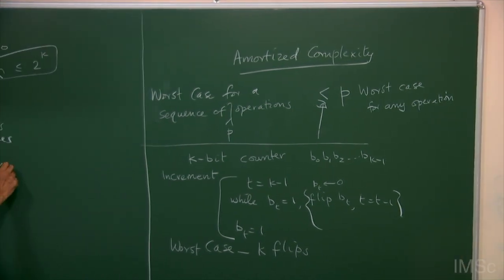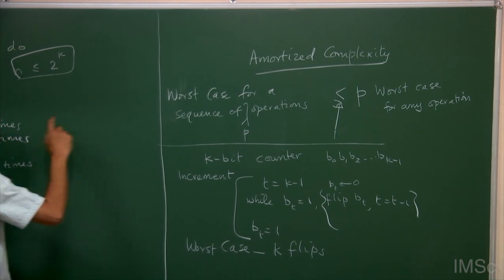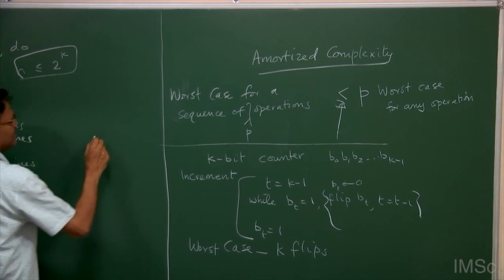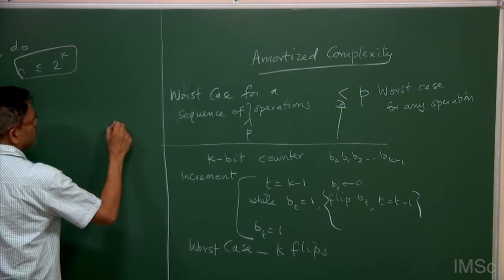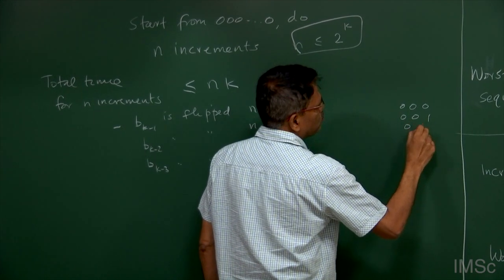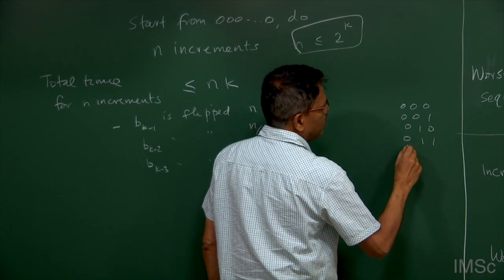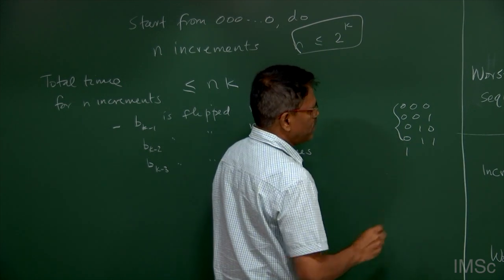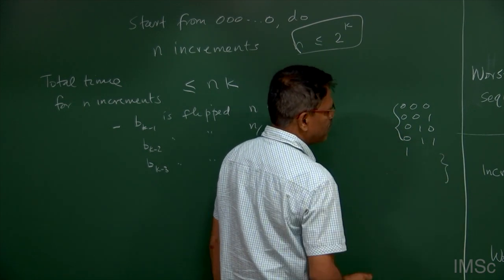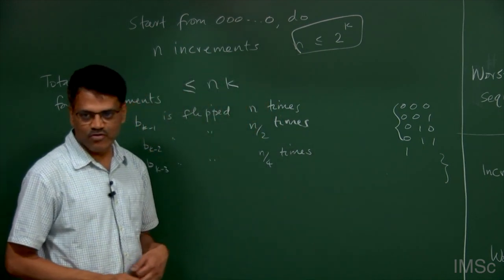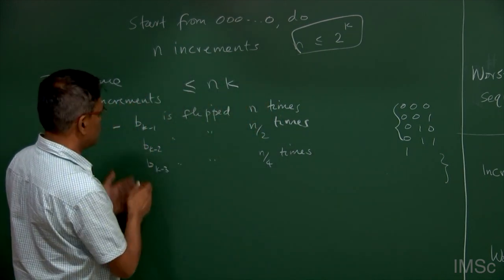It's important that I said starting from 0, 0, 0, 0, 0. Keep that in mind. You will have 0, 0, 1, 0, 1, 0, 0, 1, 1, and then it's flipped. So this 0 is flipped to 1, and after the next 4 flips, this is not going to be touched again. So it's flipped n by 4 times, and so on.